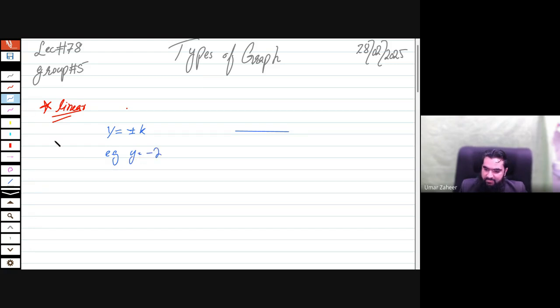In the same way, you have a graph x is equal to some constant. x is equal to something. It is basically a vertical line. Like you have x = 4.